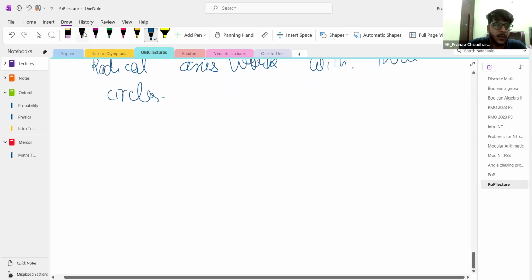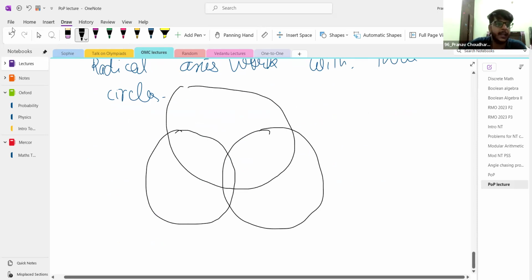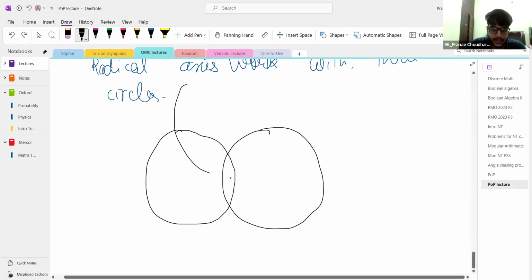Okay, so suppose I have three circles. I'm just taking all of them intersecting right now. Notice that the radical axis exists even if the two circles don't intersect. We'll see that after this.